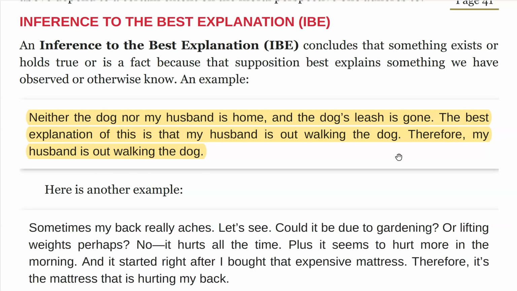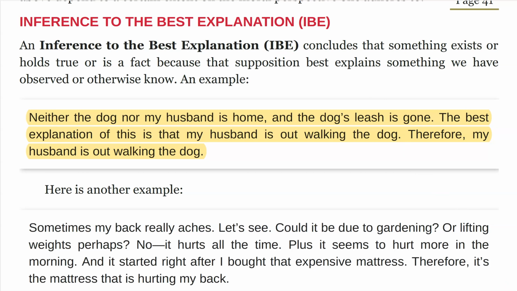Does that guarantee that he's out walking the dog with 100% certainty? No, it does not. He still could have taken off, just out into the wild blue yonder. Oh, man. Okay. But probably he's just out walking the dog. Right? So that's abductive reasoning or inference to the best explanation.